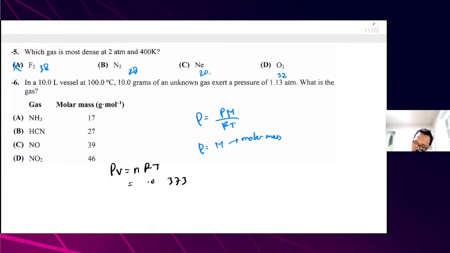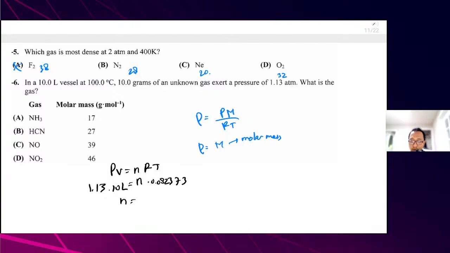R is 0.082, and then we need to get n. P is 1.13, V is 10 liters. So we will get n at the end.